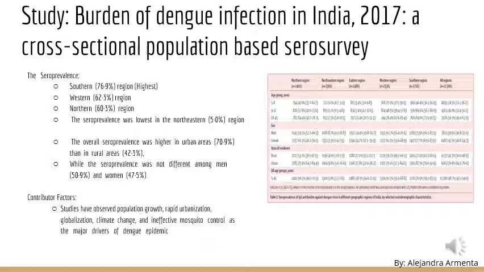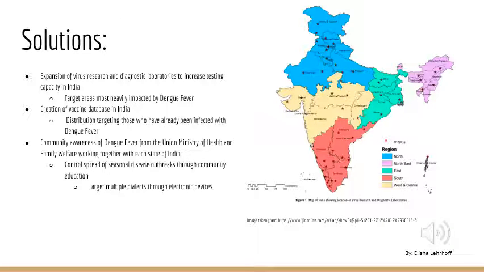In the study, we also find that the contributing factors to the major drivers of the dengue epidemic have been rapid urbanization, globalization, climate change, ineffective mosquito control, and population growth.